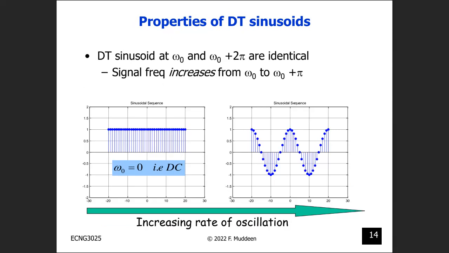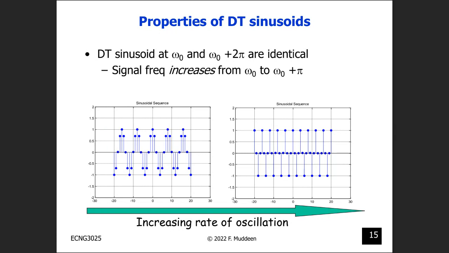So look at what happens here. When omega is 0, that's DC. This is what the generated sequence looks like. I increase omega, so instead of omega equal to 0, I have omega plus 0.1. So it starts to oscillate. I increase the value, and notice it's oscillating a little bit faster.